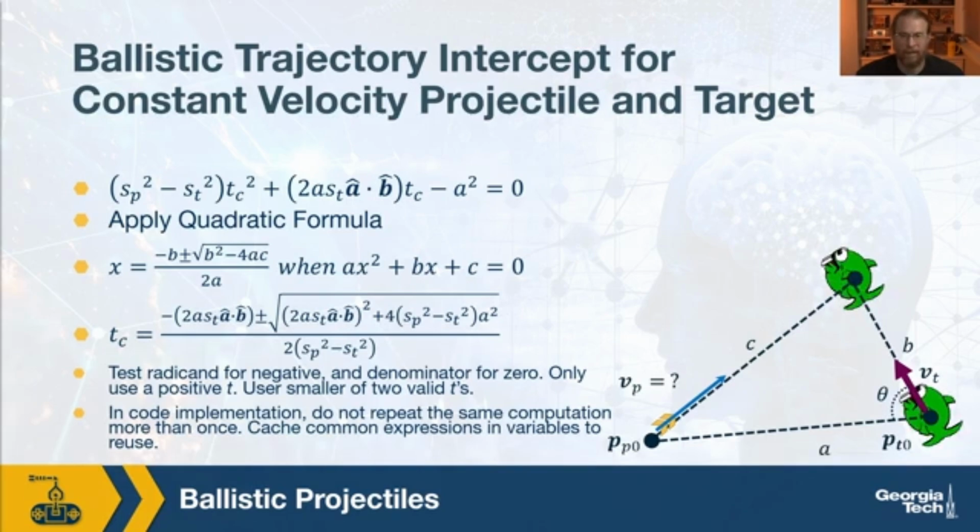Another thing to look out for when you're actually implementing this in code: look for repeated calculations. There are some common terms like the normalizing of the A and the B vector, and then taking the dot product. You want to cache those values. You see that it shows up twice in the equation.